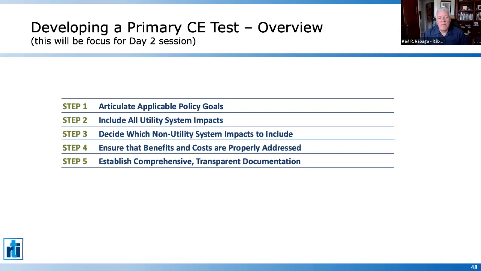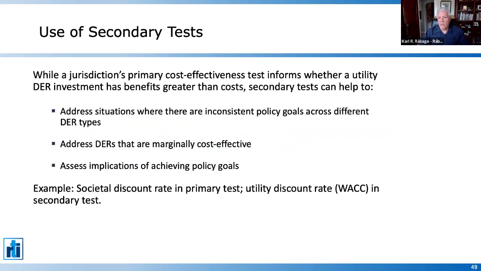And then ensure that we're still addressing those benefits and costs properly, revisiting our principles, of course, things like symmetry, right? And incremental marginal costs and benefits over the long term, the life cycle of the DER measure. And of course, document your work so that people can tell what you did and that we can have a meaningful discussion about how the evaluations were conducted.